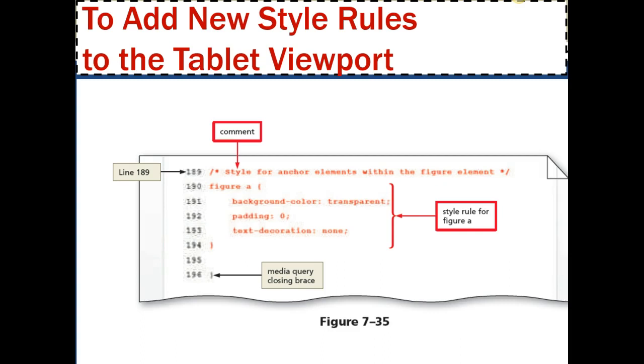So what we are doing here is creating a new style rule for the images within the figure element. In here we are specifying the background color. And then we are also setting the height and width, and then the margin, and also the padding.